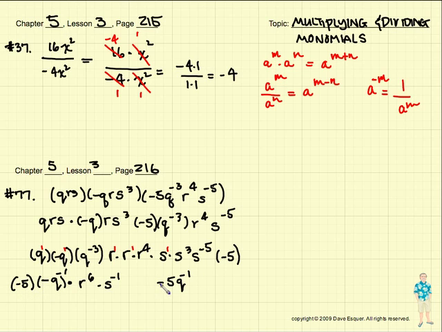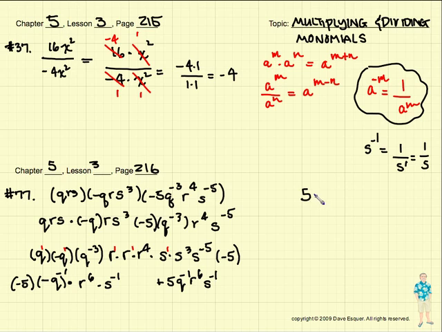You know what I'm going to do is I'm going to change these. -5 times the -1 q is a q, so I've got 5 q to the -1, r to the 6, s to the -1. And I'm going to go back and use my property up here. A to the -mth power is 1 over a to the m, so if I were to say s to the -1 power, that would be the same as 1 over s to the first power, which would be the same as 1 over s.